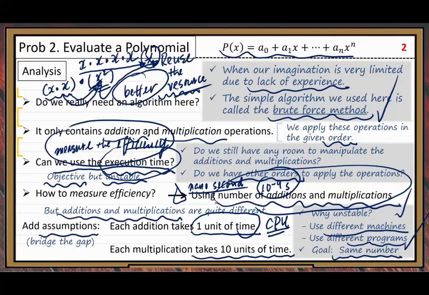So in the real world situation, the ratio between the execution time for one addition and the execution time for one multiplication is approximately 1 to 10. Here for simplicity, we assume that relationship. With this assumption, we can end up with some fair measurement. Remember, we want to use one counting number to cover both operations in a fair way. That's the goal.